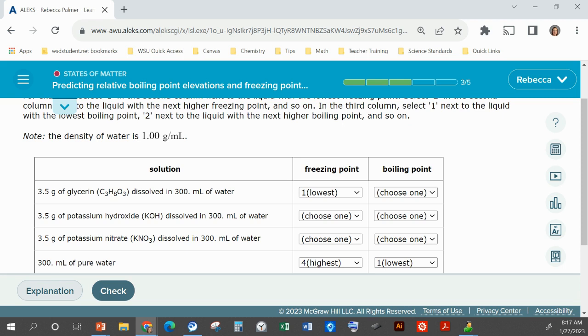All right, so this is the water part of the solution, but we also have this mass. So let's go ahead and add those together. So this is 303.5 grams. Technically, we would just get no decimal places because this has no decimal places.